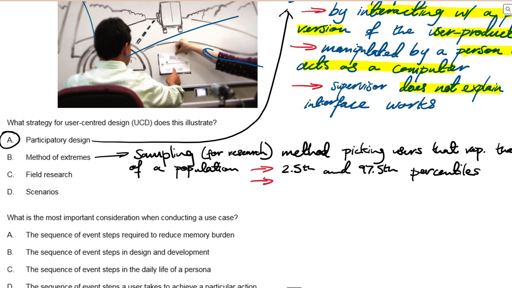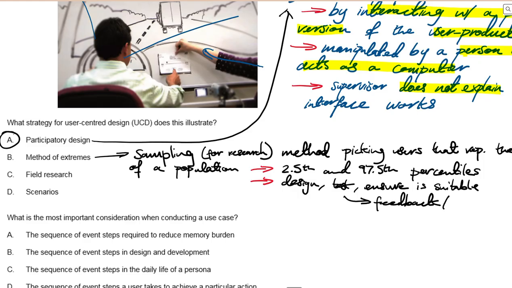What we do with that is, first, you design it for those percentiles: design, test, and ensure it is suitable. And you get feedback, obviously. When you test, you get feedback or data.